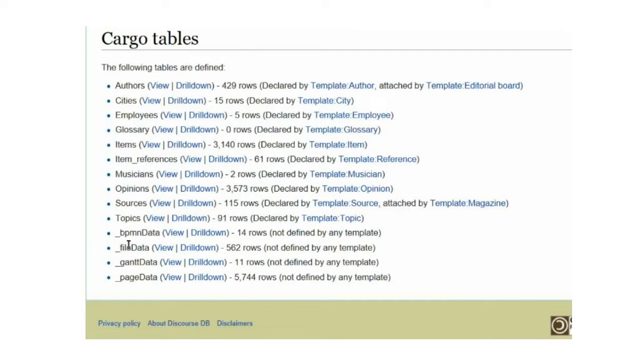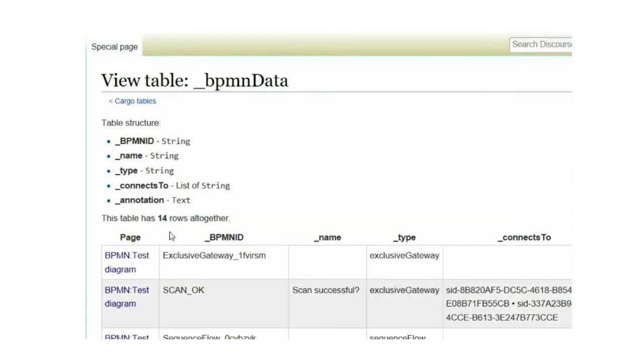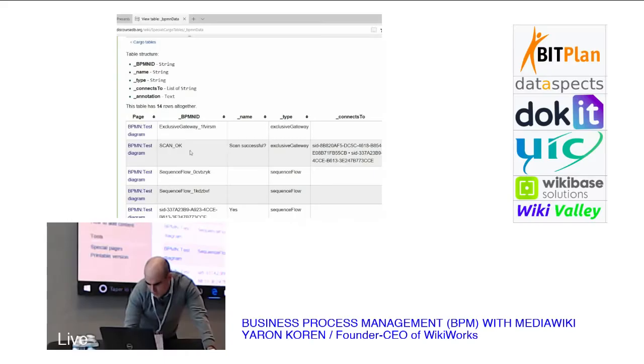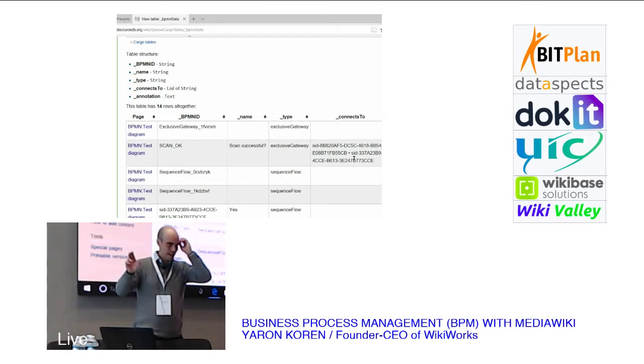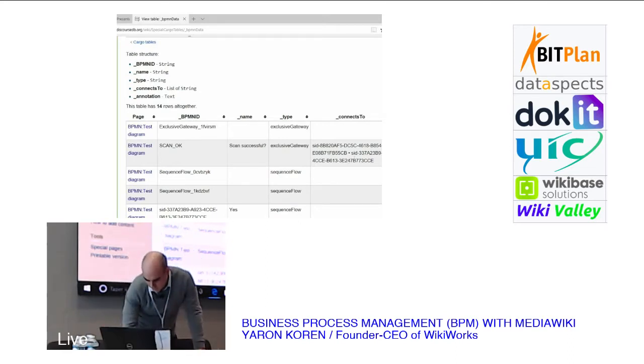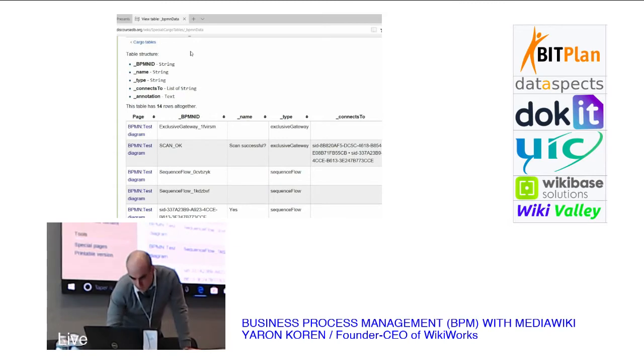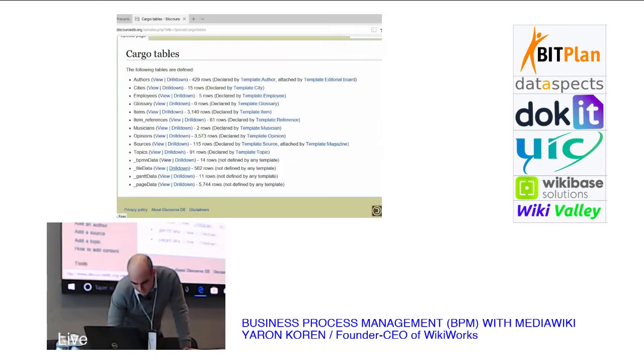In this case, I made use of the hooks. So there's this table for BPMN data where it stores some of the stuff, so you can query and find all the tasks that connect to this task, or that kind of thing. It's all stored in this table, and same with the Gantt data one.